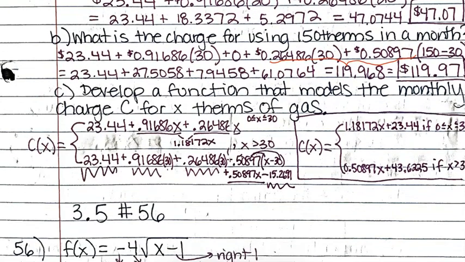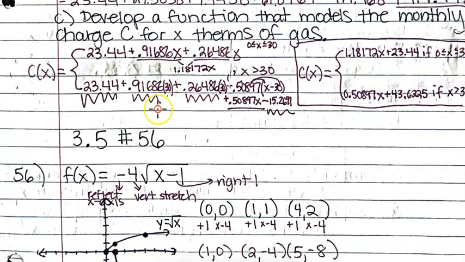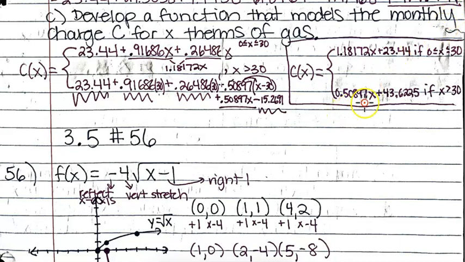Part C, develop a function that models the monthly charge C for X therms of gas. So I broke down my work over here and the final answer over here. Needed to move that over so you could actually see it. So again, if our usage is between 0 and 30, that's one way to find the total.